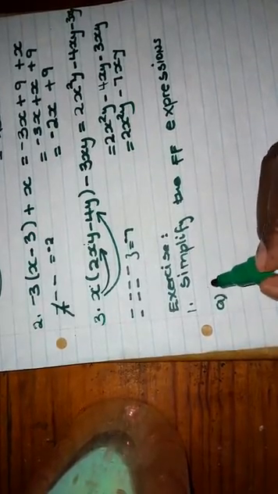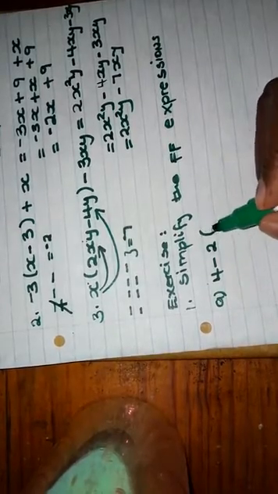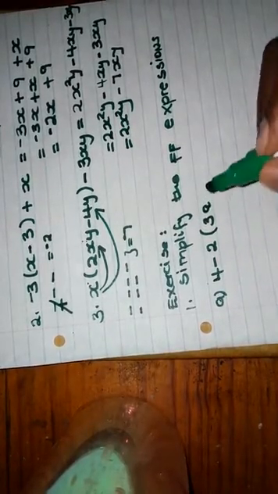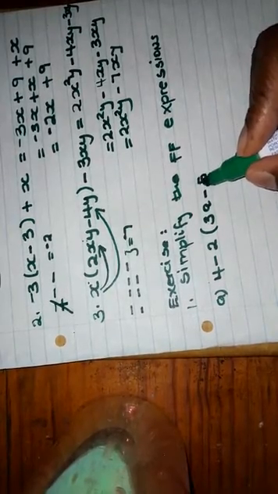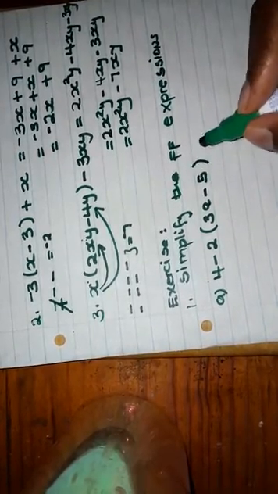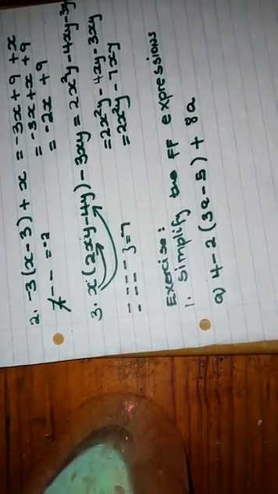Okay, so A will be 4 minus 2, then into 3A minus 5 plus 8A.